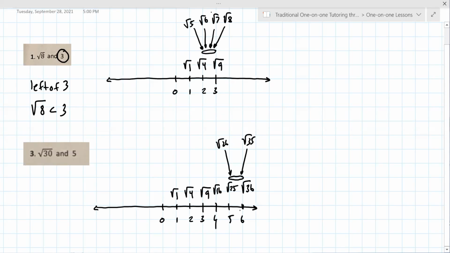Any number in between there is going to be between 5 and 6. So in this case, the square root of 30 is greater than 5 because it's right of 5, because the square root of 25 is 5. The square root of 36 is 6.